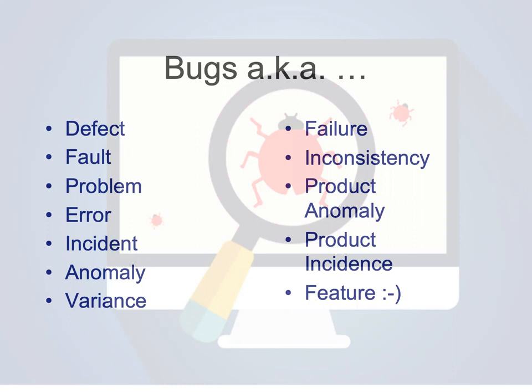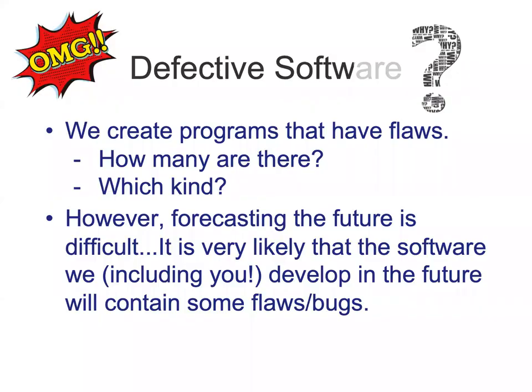So it's really important that you understand what a bug is, and in the next slides we're going to talk about some real case scenarios where these bugs were actually severe in some of the cases.